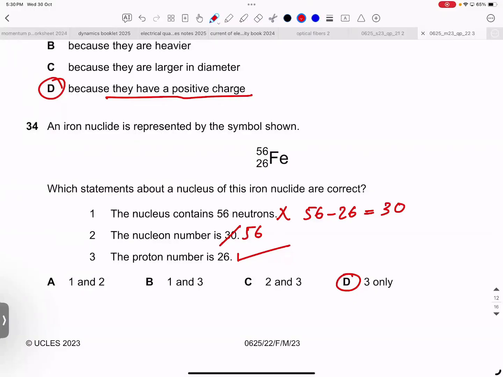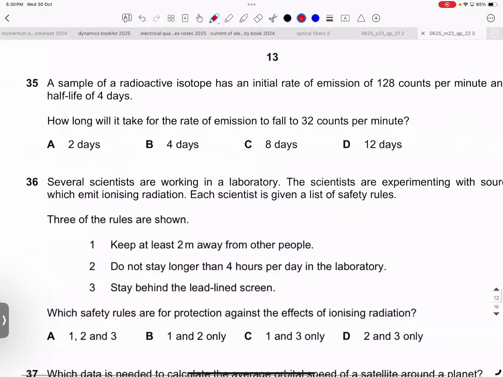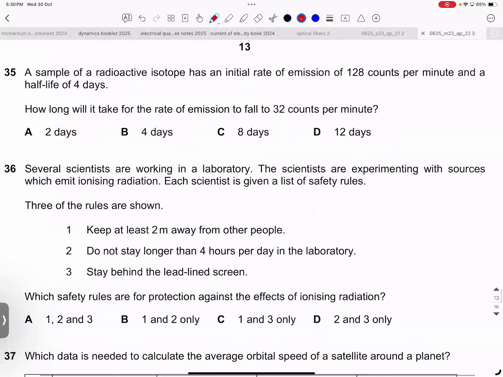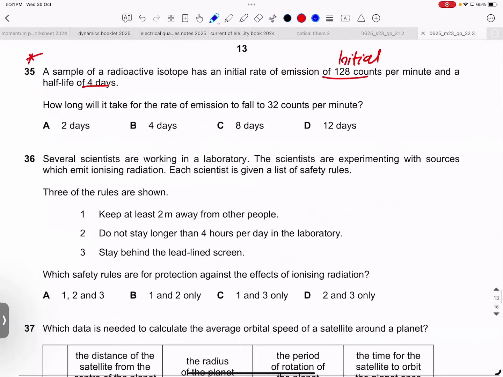Question number 35. A sample of radioactive isotope has an initial rate of 128 per minute. Half-life is 4 days. How long will it take to become 32? Oh, this is a review question for you. Make a sequence: 128, divide by 2, 64.